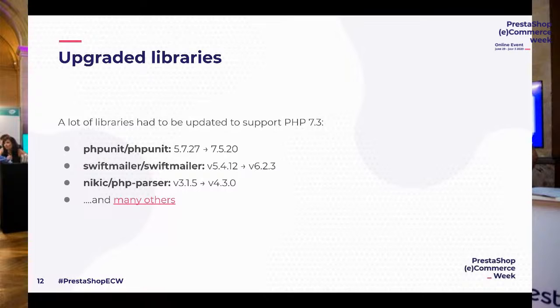There are many other libraries that we had to upgrade, but which are mostly minor upgrades, so you can expect a lower amount of breaking changes in your code if you're relying on them, either on your current shop if you did some modifications yourself, or in modules if they are using these libraries.